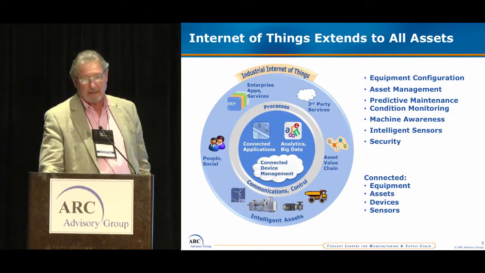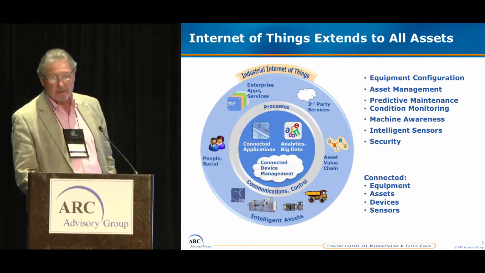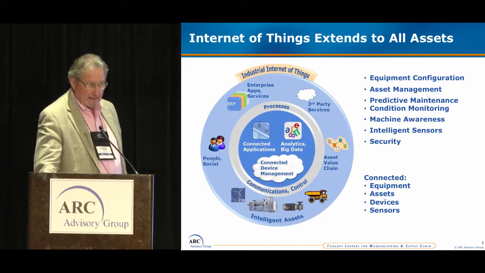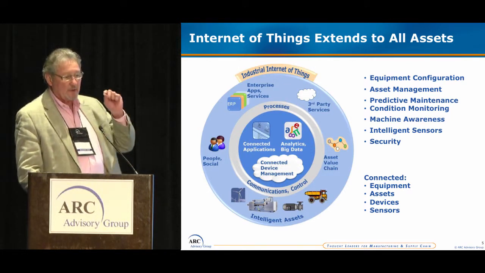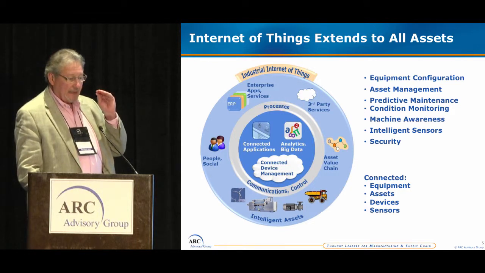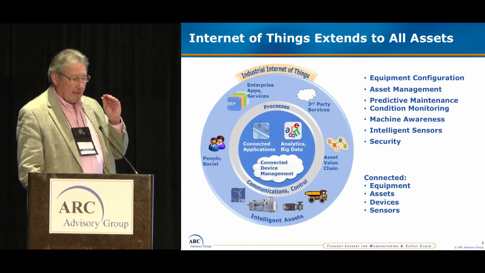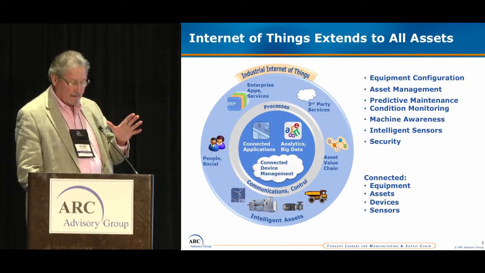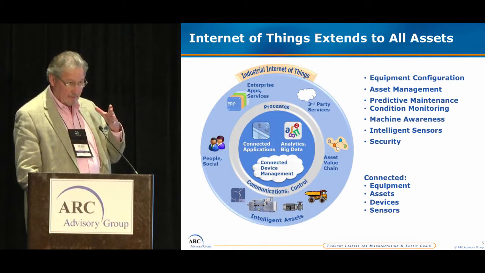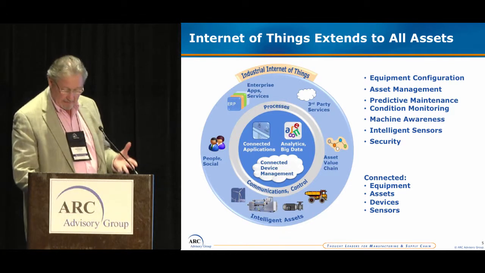Because we have a lot of connectivity already, and that's very, very true. My point is that this is going towards an era of intelligence at the asset, to leverage the connectivity that we already have.